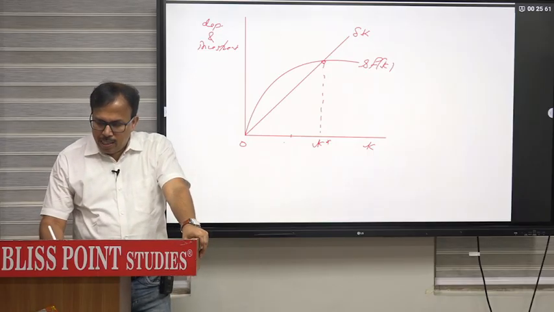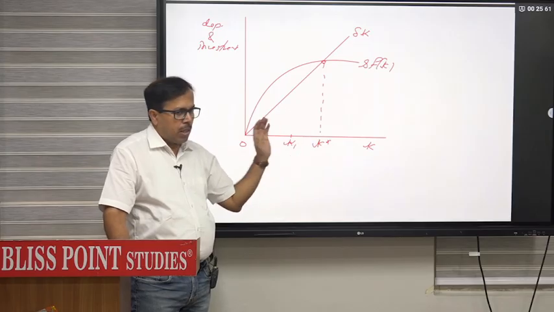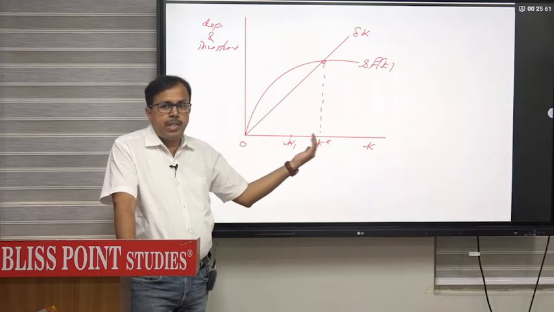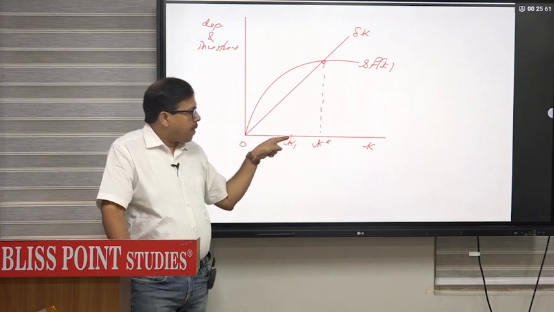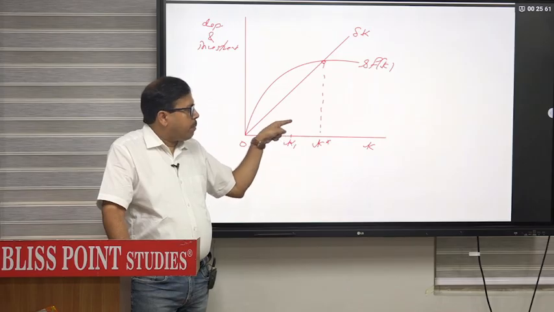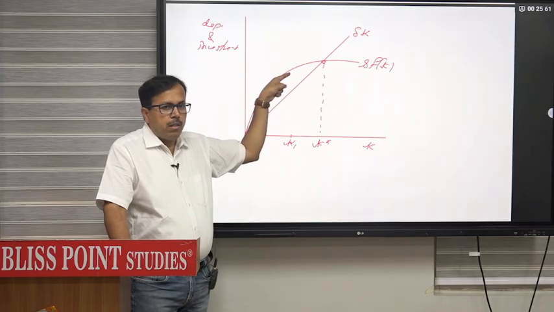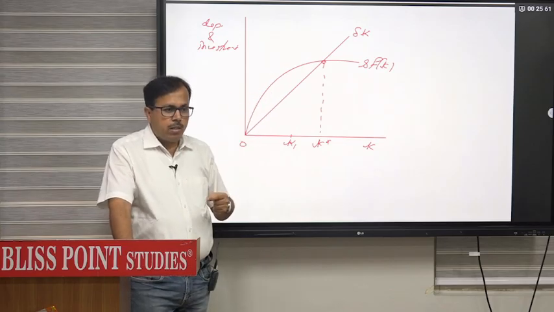If I say that the stock of capital is K1 rather than K star, then what will be the outcome? If stock of capital is less than steady state, then what is the outcome? See here, at this stock of capital we find that the amount of depreciation is less and investment is more, so due to more investment stock will increase.